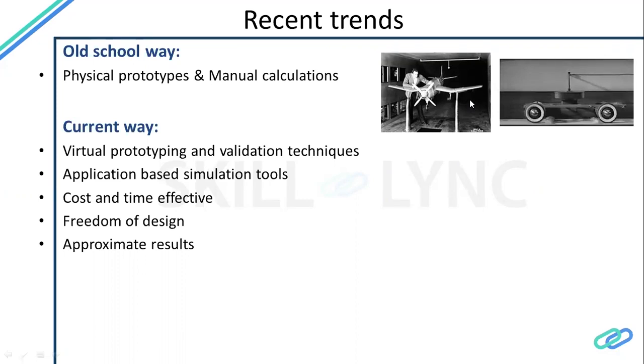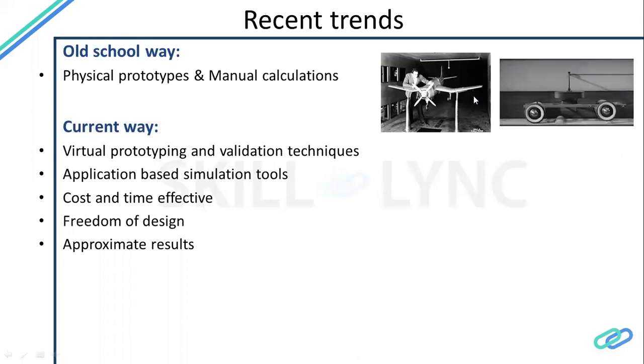The results we get from computer simulations have an accuracy of nearly 60 to 70% of the actual result. Whereas the physical prototypes which are tested give nearly 90 to 100% result accuracy.